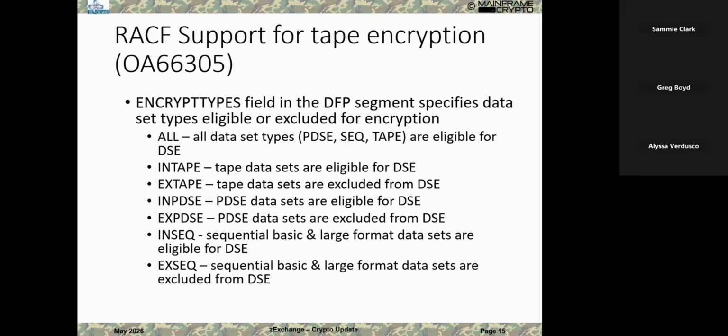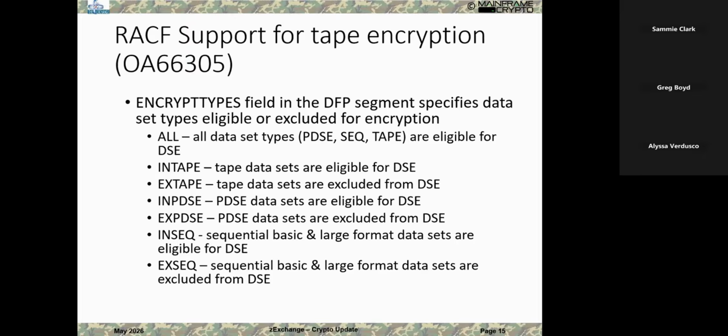What this capability does is instead of relying on the storage admin profiles to enable encryption for PDSE or sequential data sets, now we can use this encrypt type field to further control them. So what I might specify in that encrypt type field for my personal data sets is INPDSE.